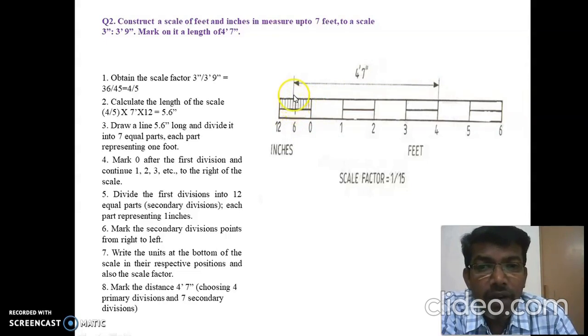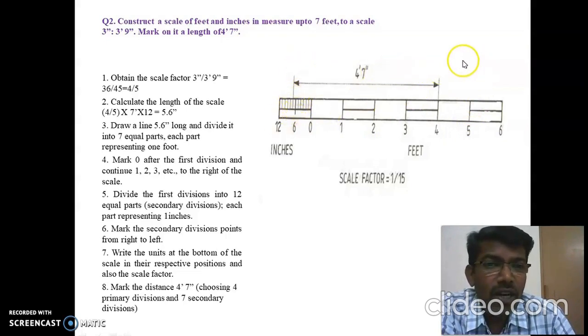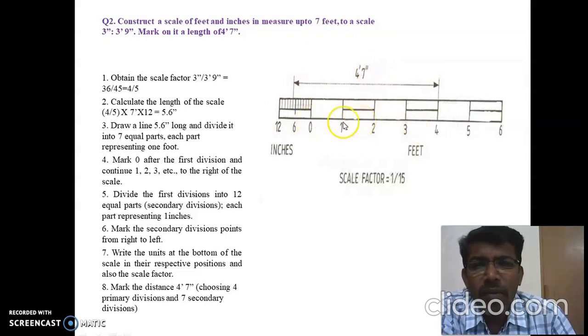On the 7th equal part I will draw another line such that I draw a dimension line from 4 to this 7th equal part on the subdivision that represents the 4 feet 7 inches that we have to show on the scale. Suppose you want 5.6, so here this is 5. If you draw a line here, it will be 5 and 6. If you draw a dimension line, this will become 5.6. So for each and every problem you can show any number of values like 1.2, 2.5, 3.8, anything you can represent on the single scale.